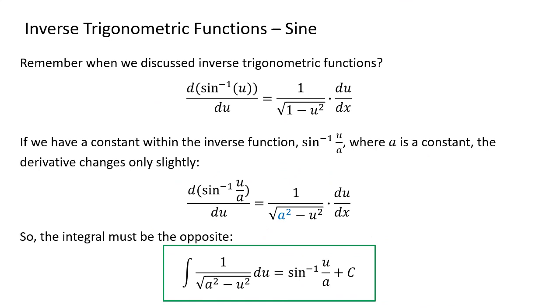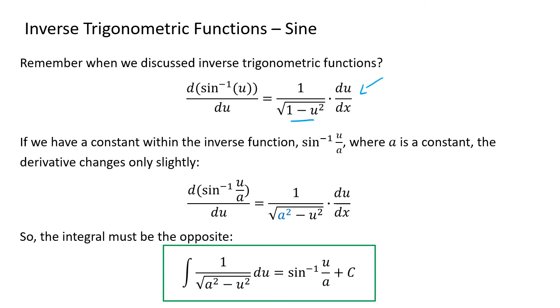So our last item to talk about in this lesson is we're going to look at inverse trigonometric functions. Okay, and remember, we'll do sine and we'll do tangent. So the derivative of the inverse sine function, if it was sine inverse of some function u, was 1 divided by the square root of 1 minus u squared times the derivative of that function u, if it was something other than just x.